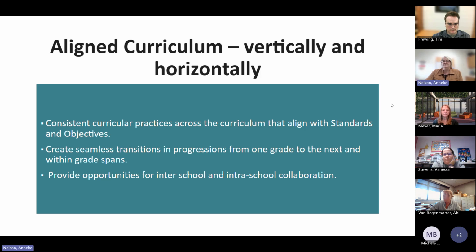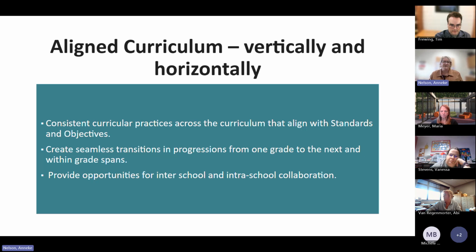We also want to ensure that our curriculum is aligned vertically and horizontally, so that we have consistent curricular practices across the curriculum that align with our standards and objectives, and a seamless transition between grades. So the things you're learning in one grade flow right into the next.